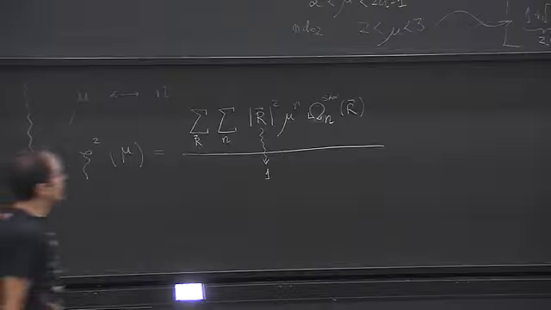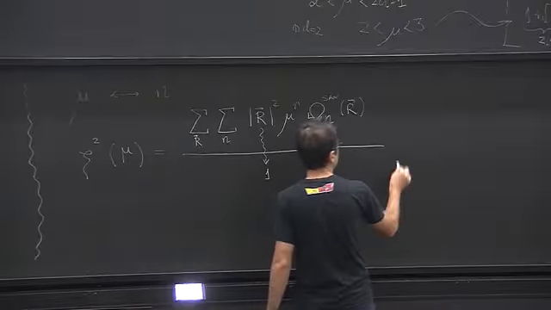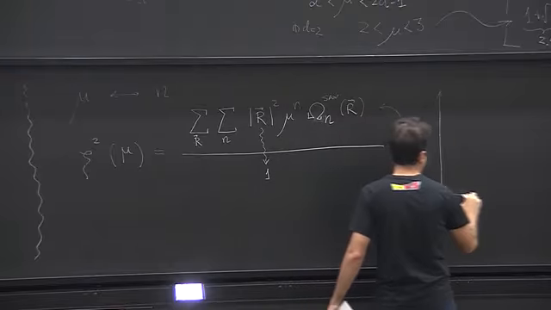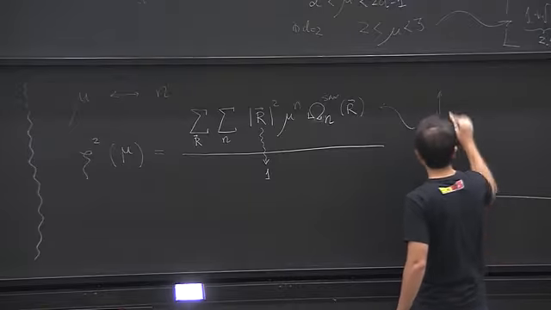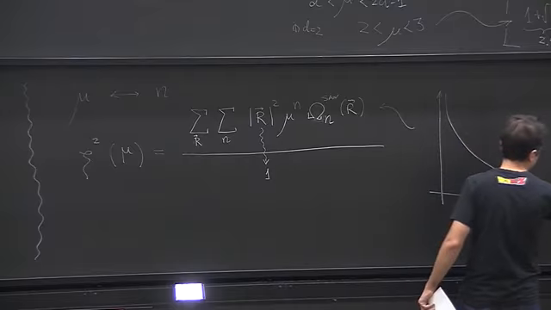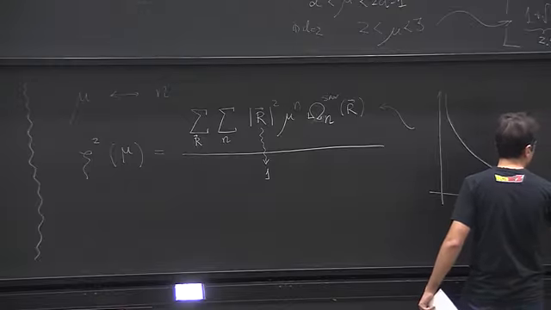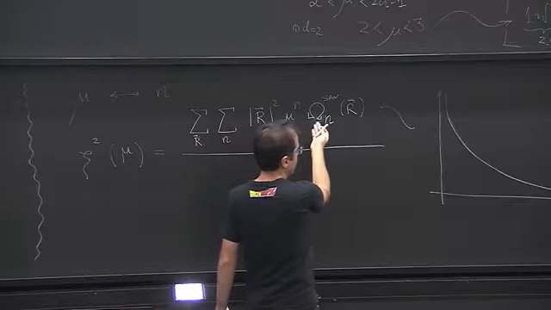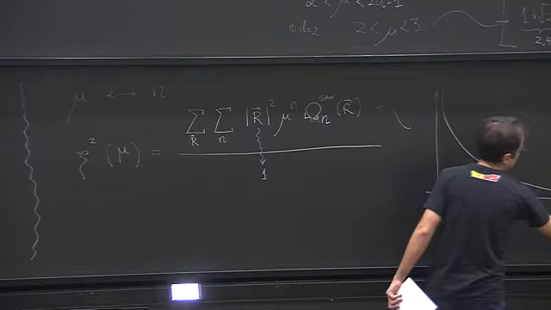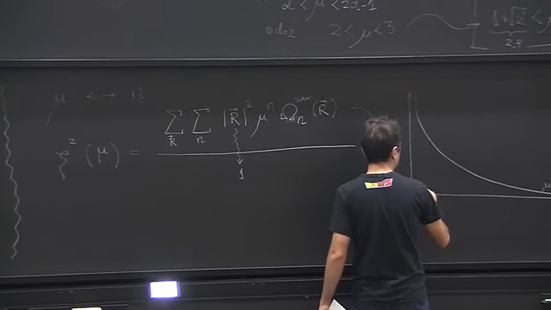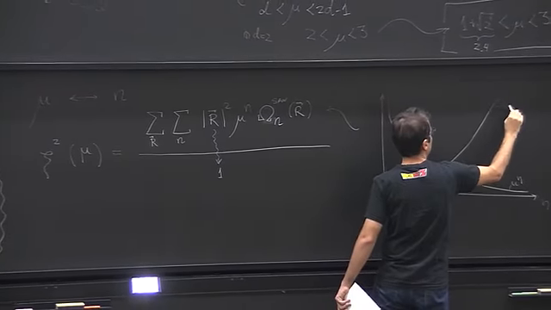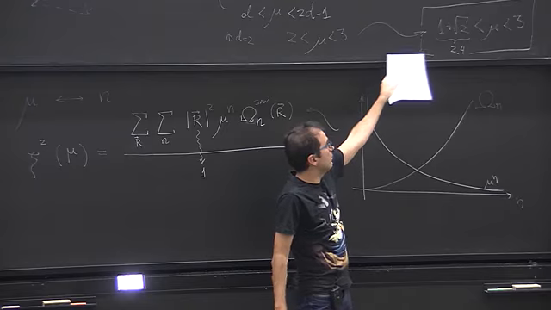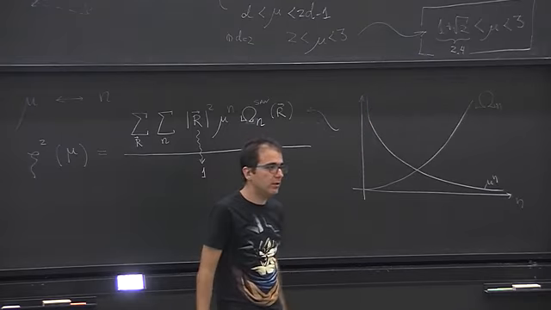And so what's happening here? What's happening here is that in this sum, we have a competition of two effects. We have mu to the n that decreases exponentially. This would be mu to the n with mu smaller than 1. And we have the number of self-avoiding walks that grows exponentially. It grows with some exponent mu that we know is bigger than 1 plus square root of 2 and smaller than 3.